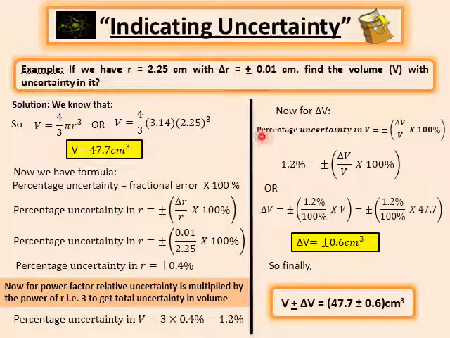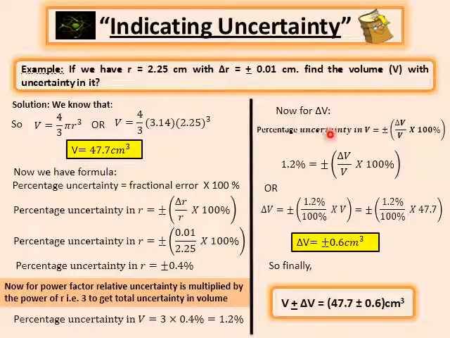Now for ΔV we use the same formula again. The percentage uncertainty in volume V is equal to ±ΔV divided by V × 100. This is the fractional error, so ΔV, the uncertainty in volume, is divided by the measured value of volume.